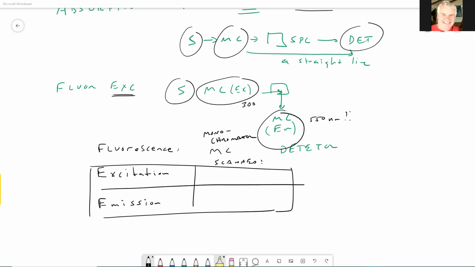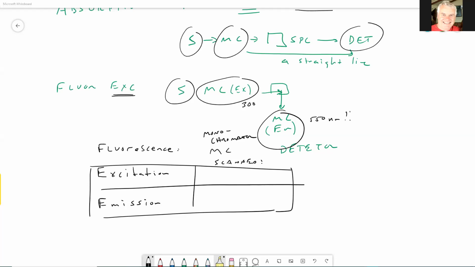So I can help a little bit. It takes, right, exactly. It takes broadband light and it produces narrowband light at a specific wavelength, right?